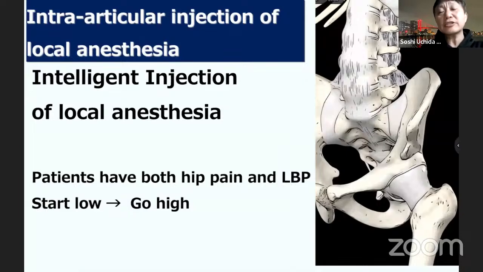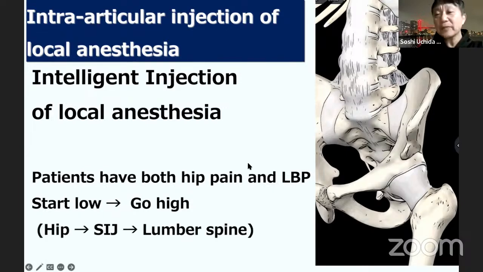Distinguishing hip joint pathology from SI joint and lumbar spinal disorders is really important. So intra-articular injection of local anesthesia is really invaluable. If the patient has both hip pain and low back pain, start low and go high. That means start with the hip joint first, then the SI joint and lumbar spine.